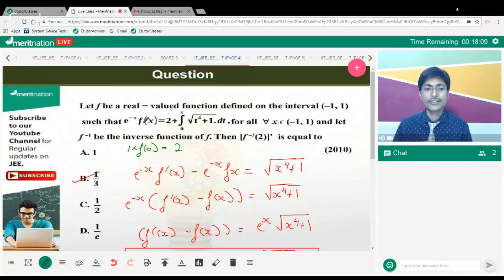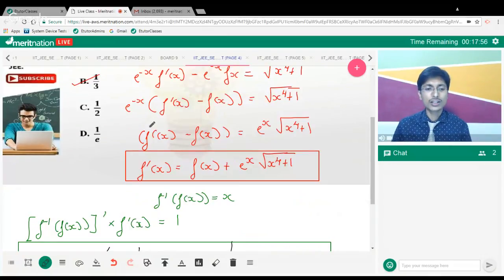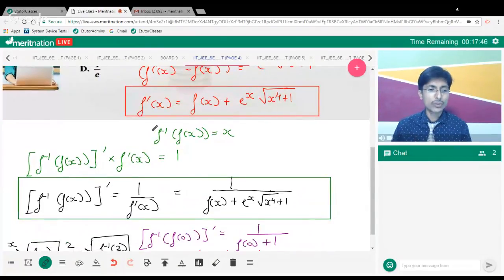We first of all differentiated the given expression. Why did we differentiate? Because in the question it was asking about differentiation, plus it was asking about the inverse. So we formed another equation that was f inverse of f(x) is equals to x. Then we differentiated that particular equation as well. And then with the help of chain rule, we got (f inverse of f(x)) dash is equals to 1 upon f dash x.